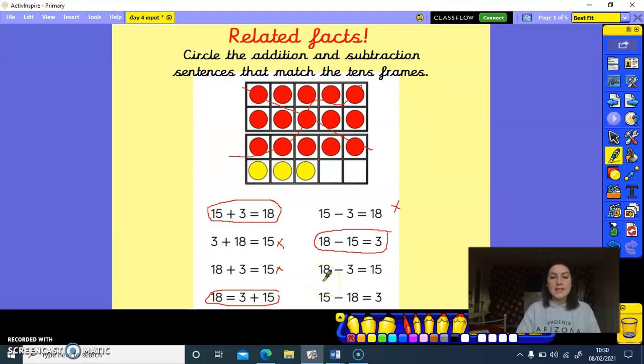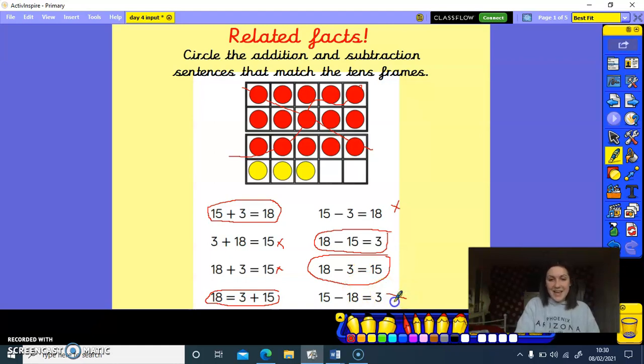What about this one here? 18 take away 3 equals 15. Yes, it's just the same as the one above, but we've swapped around the 2 numbers, haven't we? But they both are correct. They've got the bigger number at the beginning, followed by the 2 smaller numbers. This one here, 15 take away 18 equals 3.